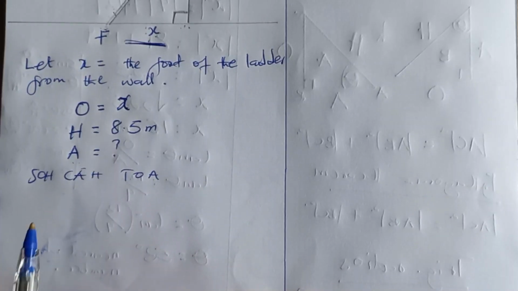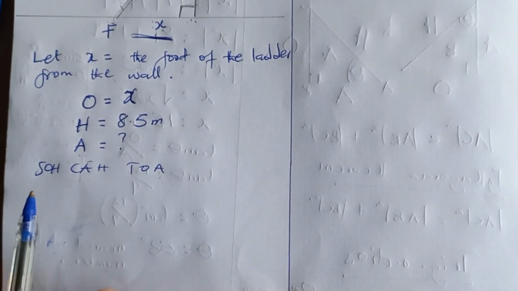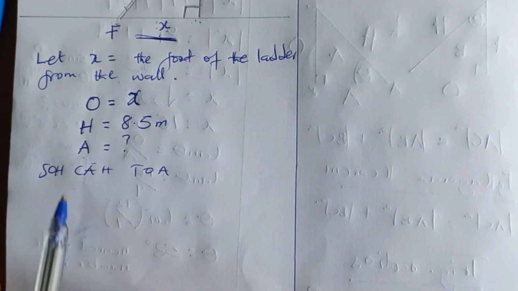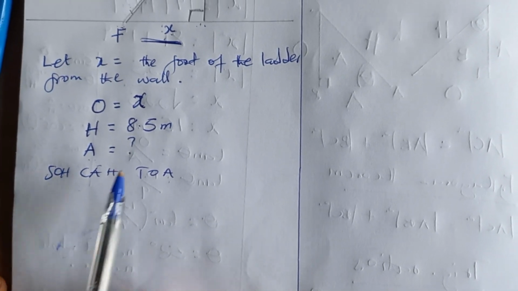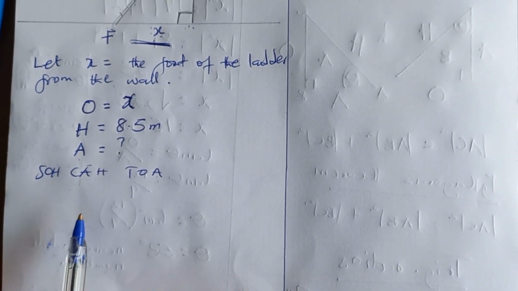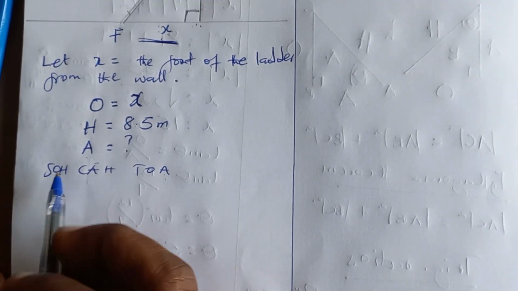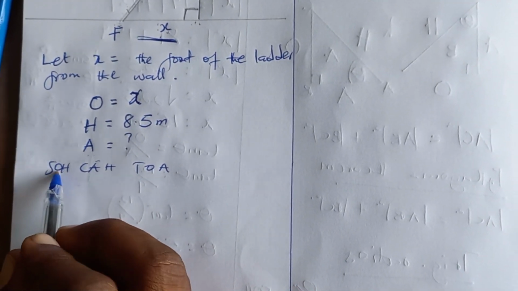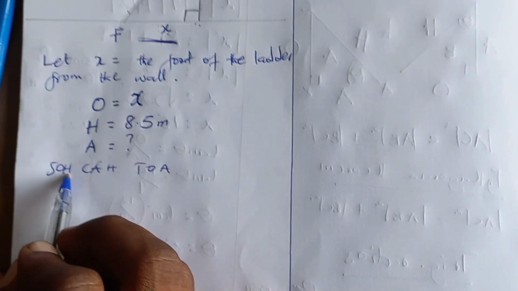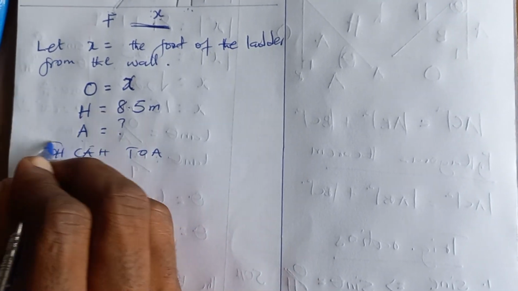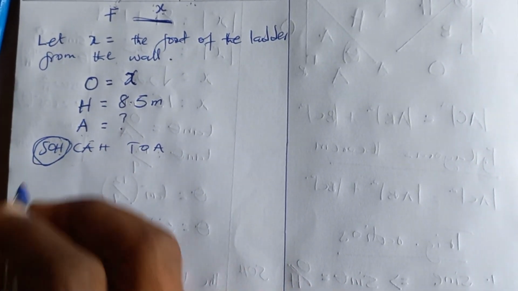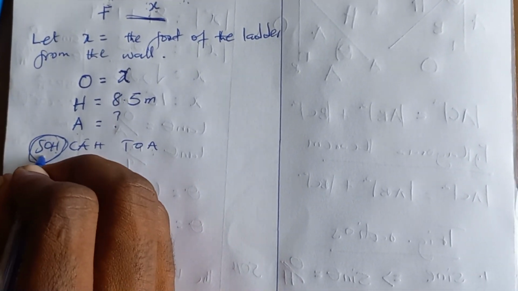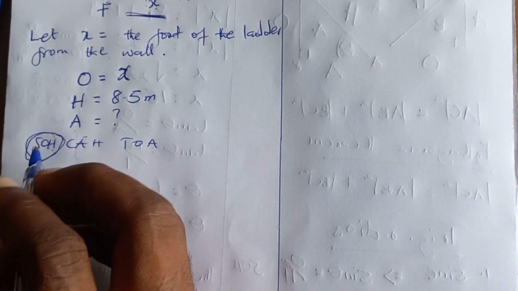Okay, in this SOH CAH TOA, which one contains the hypotenuse and the opposite? So the first one is the sine, opposite over hypotenuse. So we can use the sine, which is SOH. And we know that SOH stands for sine equals opposite over hypotenuse.